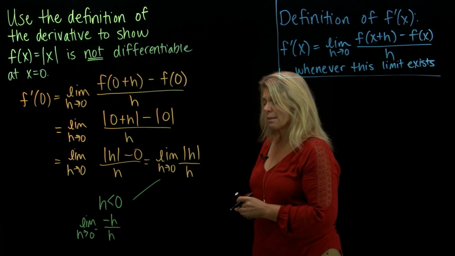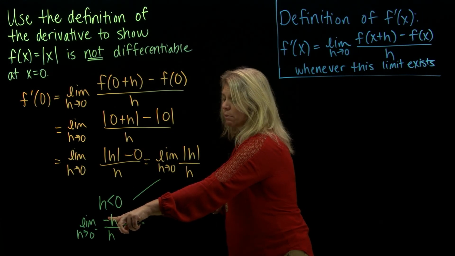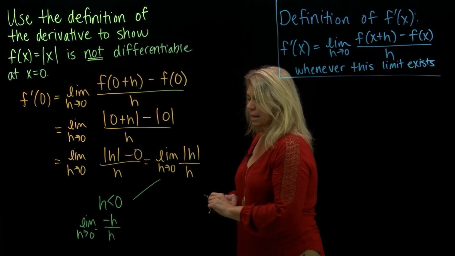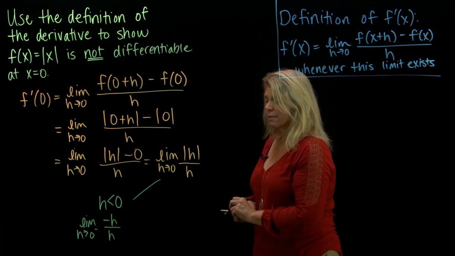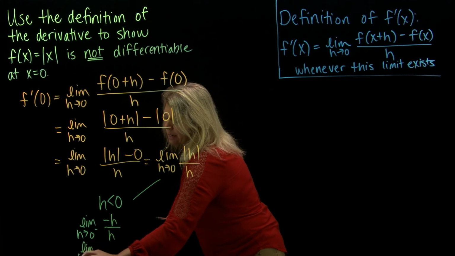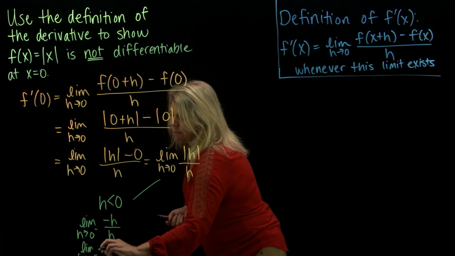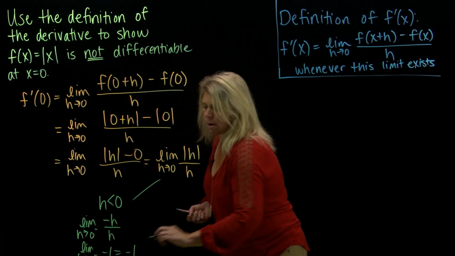So when h is less than 0, the absolute value will switch the sign. That's what the negative indicates here. And so then I have the limit as h approaches 0 from the negative side of negative h over h, which simplifies to the limit as h approaches 0 from the left of negative 1. And that limit is negative 1.